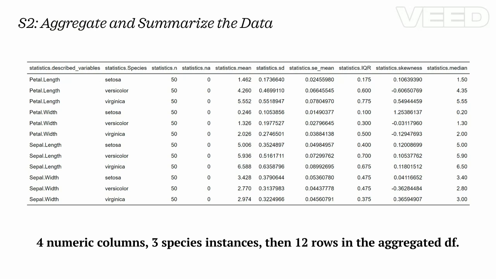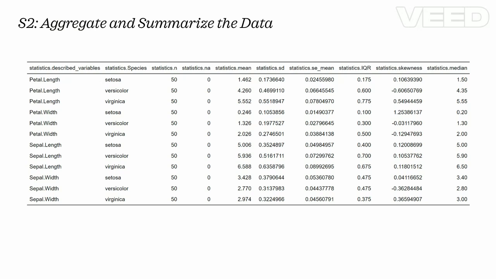There are also other descriptive statistical measures such as the interquartile range, the skewness, and the median. The skewness just determines how the data is distributed from the center. Is most of the data to the right of the median, or is it to the left?